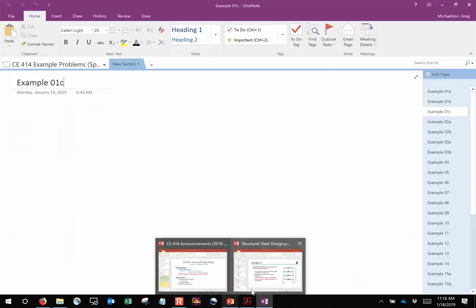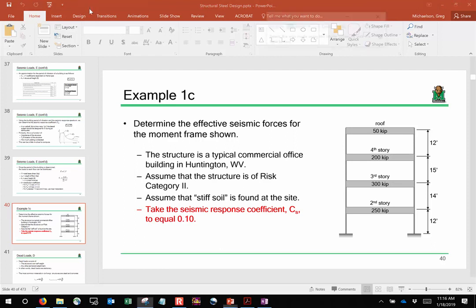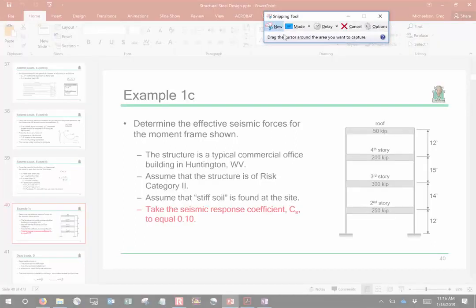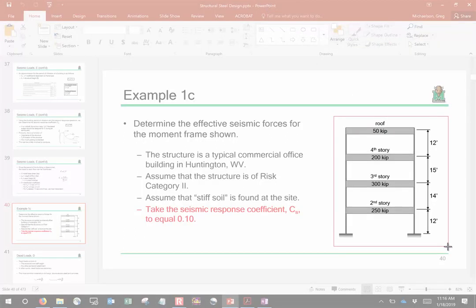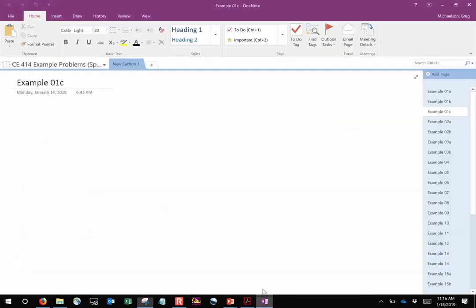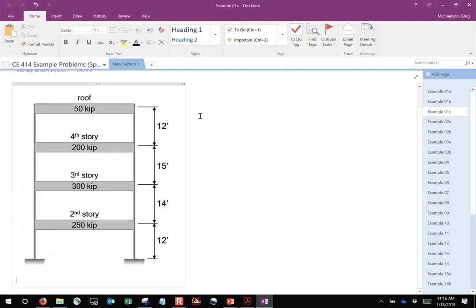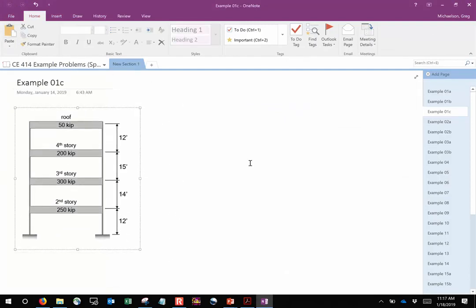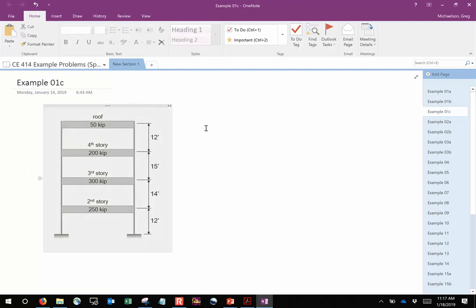Now, I'm going to screen capture this frame because I'm a little lazy. There we go. Everybody read that? I'm going to move that over here just a little bit.